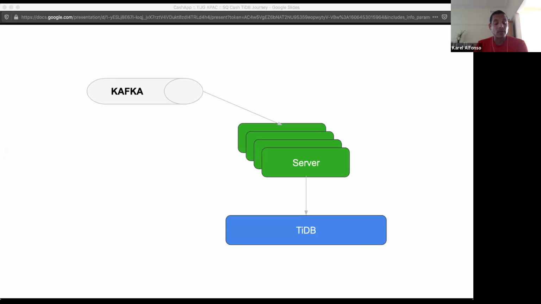So we decided to choose a service that had low customer impact. The latency requirements weren't that high, also the availability. And we picked this service. It's a service that consumes asynchronously events from a topic in Kafka and publishes asynchronously to another service. So there's no customer interaction there. Next slide.